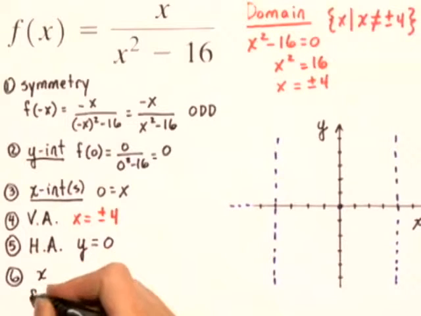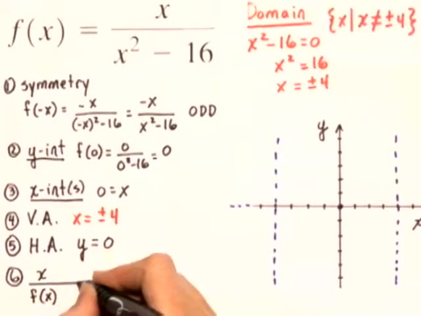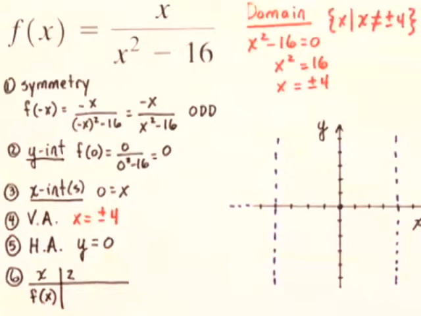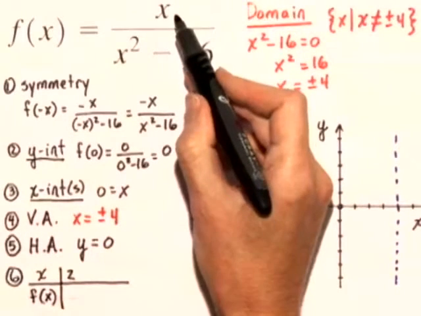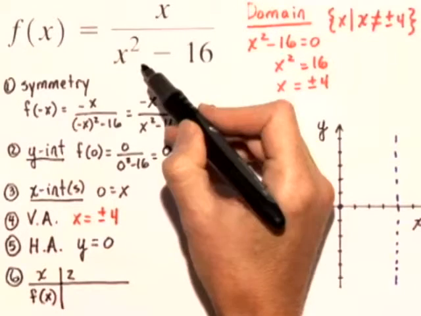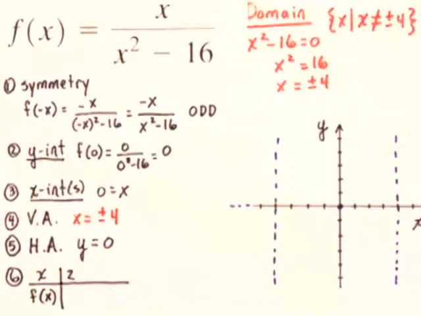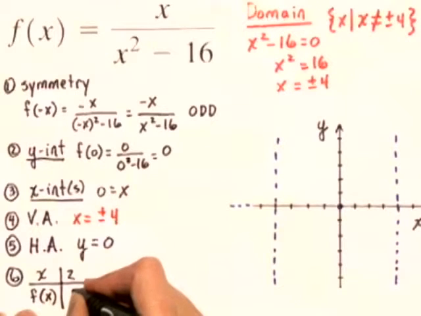So let's pick, say, 2. If I let x equal 2 and substitute it into my original function, I'll have 2 over 2 squared, which is 4, minus 16. So that gives me 2 over negative 12, or 1 over negative 6.